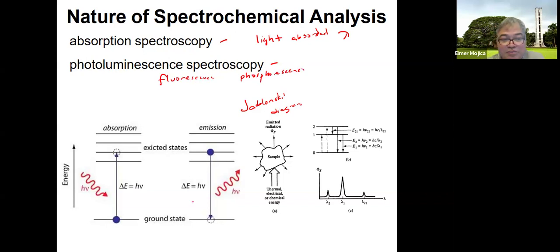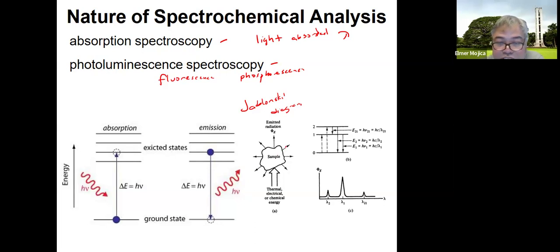But the difference between the two, so here you have what? From your ground state, light is absorbed. So your molecule goes to the excited state. Okay. Now in the emission from the excited state, since it's unstable, usually it goes back to the stable state, or what we call the ground state.